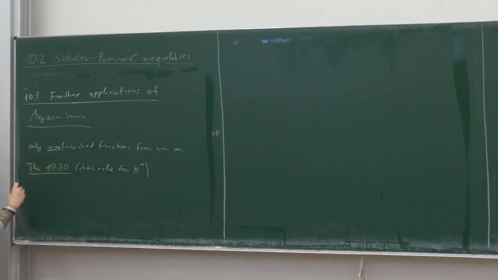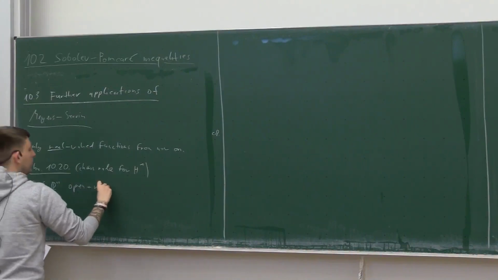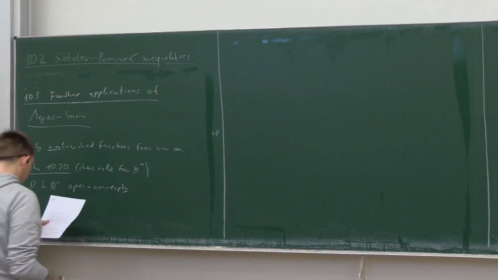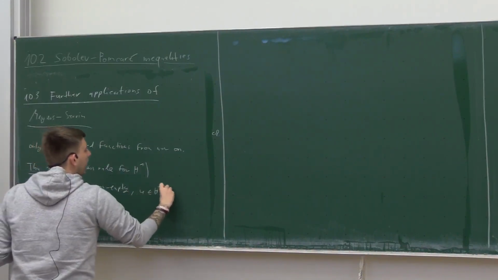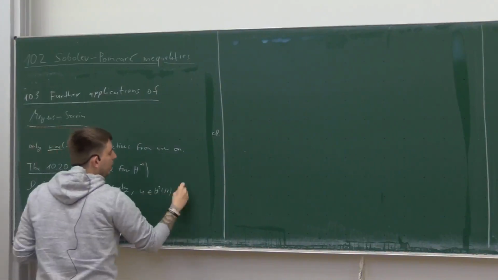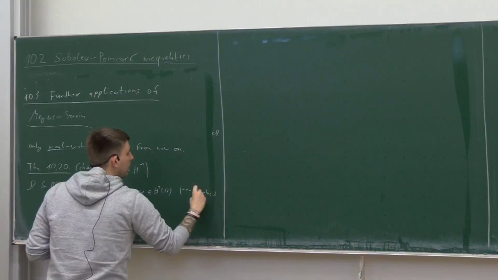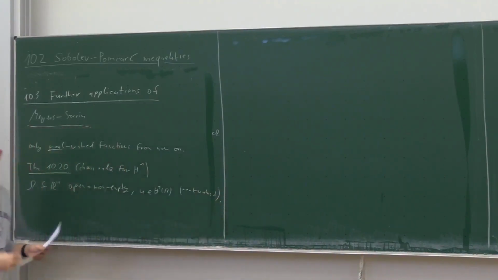What do we say? We take Omega as before, some open non-empty subset of R^n. Then u is an H1 function, and as I said, real-valued. And I take some second function for the chain rule, of course.